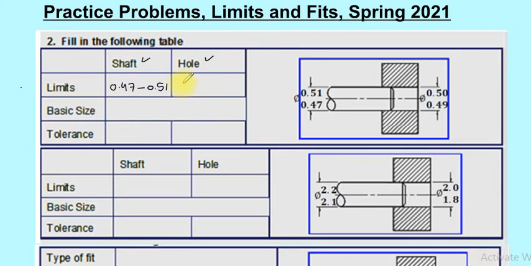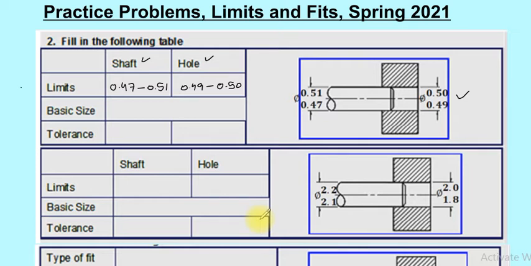Similarly, on the hole side, the limits are 0.49 to 0.50, as you can see on the figure here. So we have filled the first row.